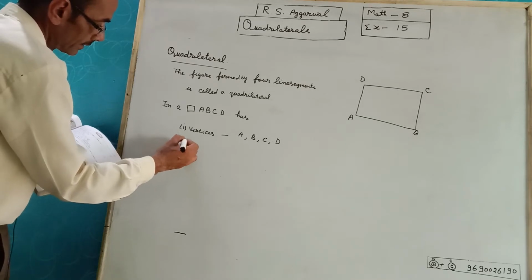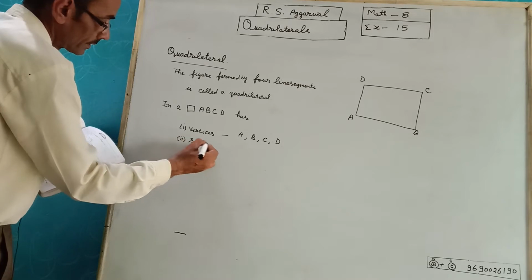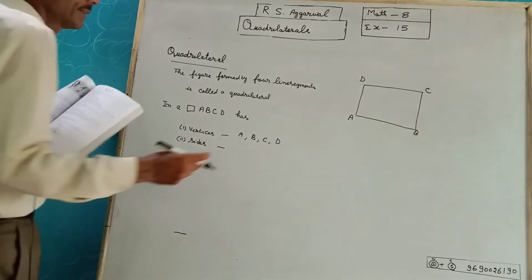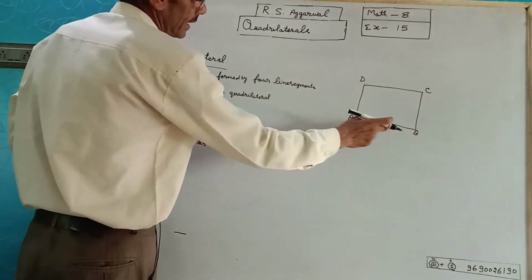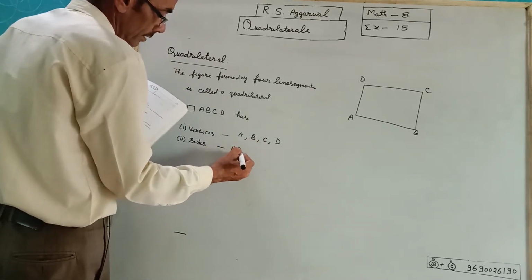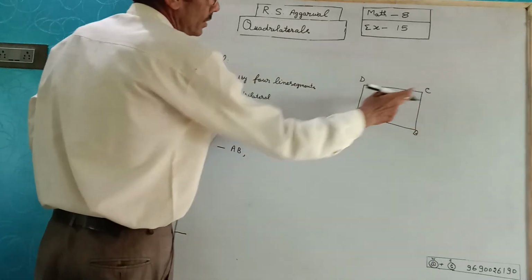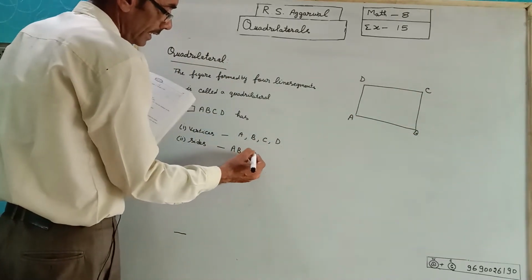Second is sides. Sides are: A to B is called AB. B to C is the second side.